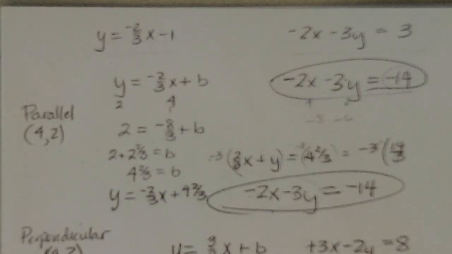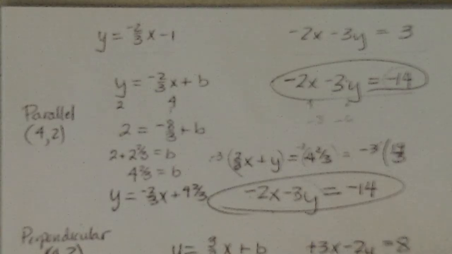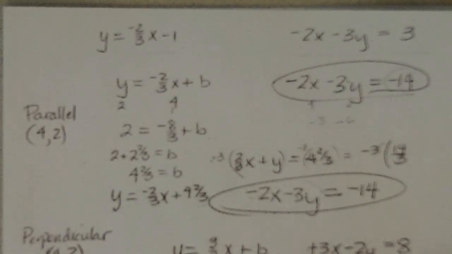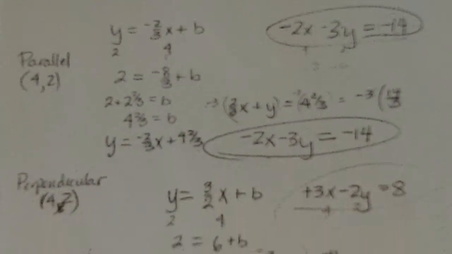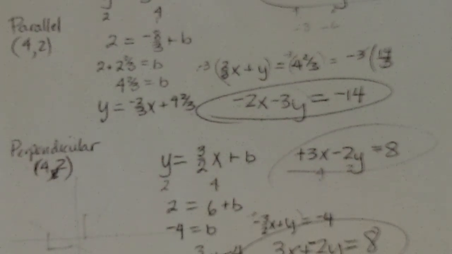That would make a -2y, and the -2 would cancel the 2 and the negative, and we get 3x plus 2y equals, -2 times -4 is +8. And there we go, same equation. So that's the parallel and perpendicular.